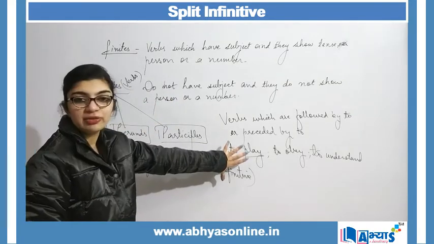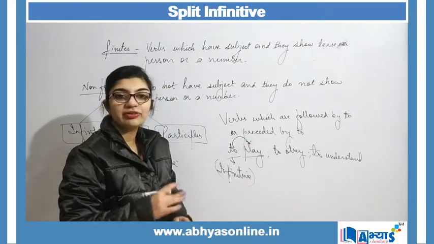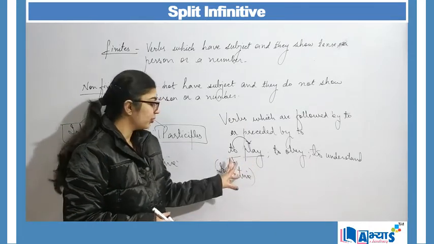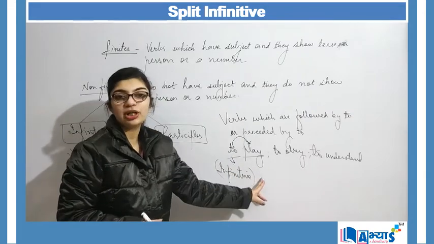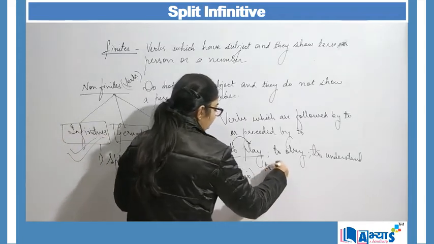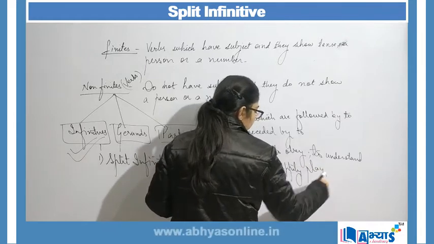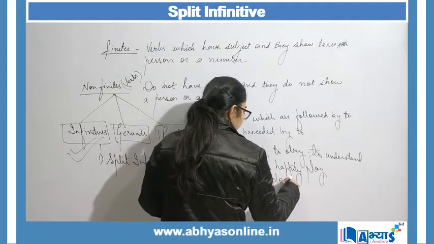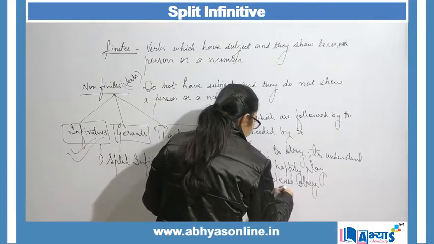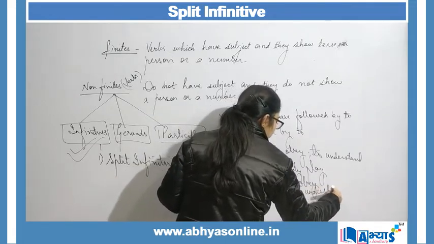Now we have understood what infinitives are, that they immediately follow a verb. But in case in between the infinitive and the verb there occurs another word, like to happily play, to please obey, to carefully understand.